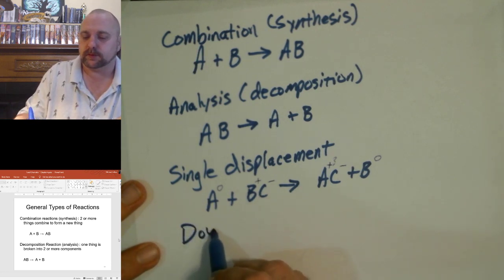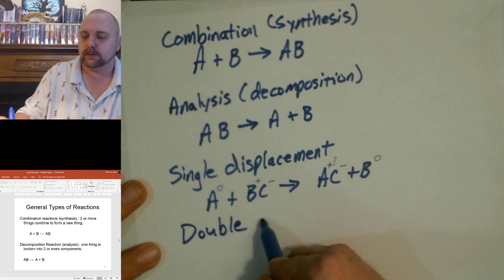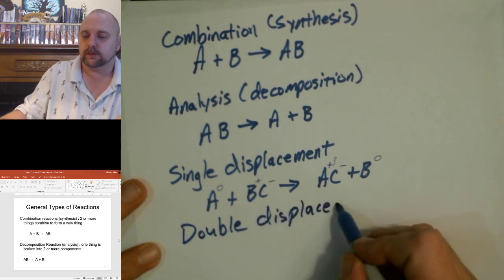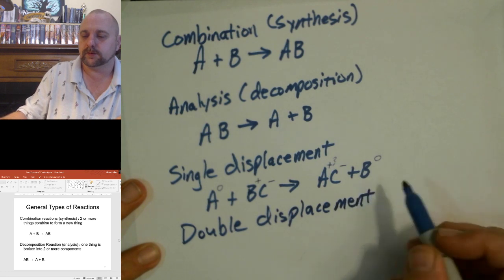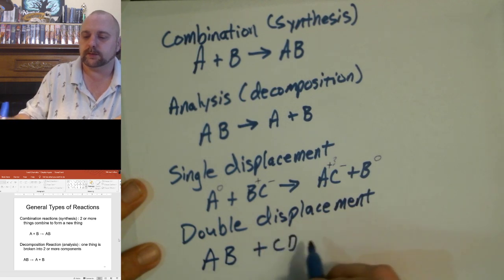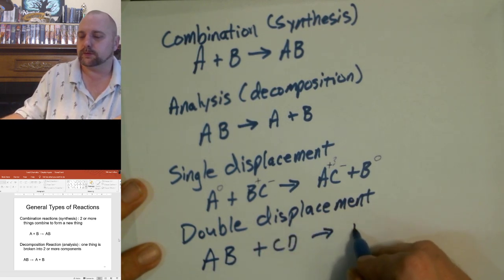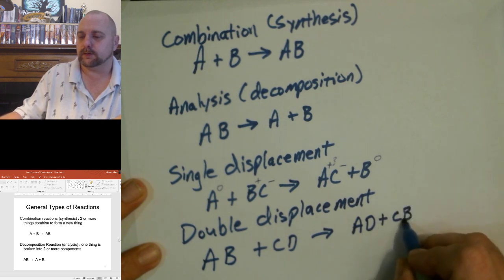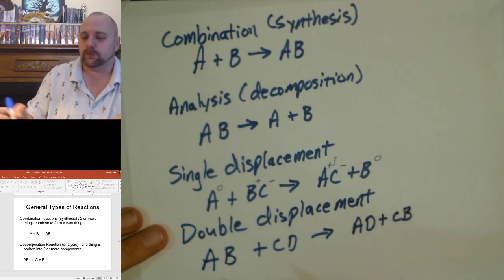Double displacement we'll see a lot more of. Double displacement AB plus CD will go to AD plus CB. And we're swapping partners.